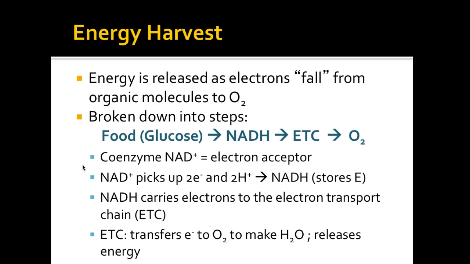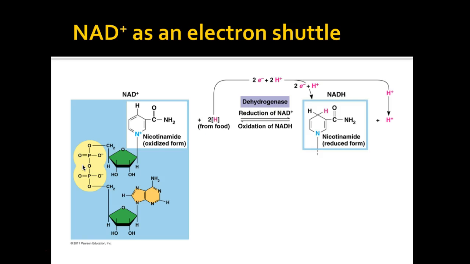In the electron transport chain, we're going to see the transfer of electrons from those molecules to oxygen, and ultimately the end product we get is water. We also have that release of energy. So if you look at the NAD plus as an electron shuttle, here you can see nicotinamide, the oxidized form, plus two hydrogens.